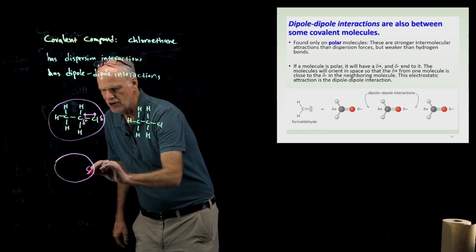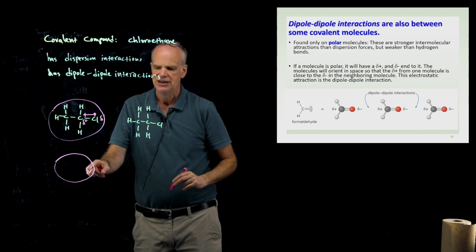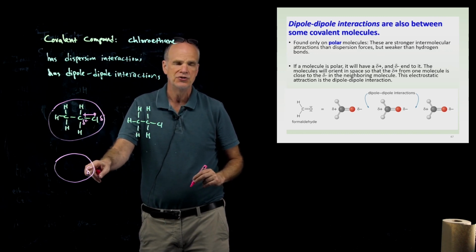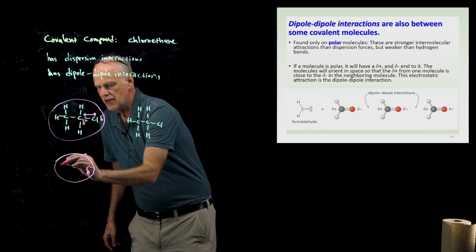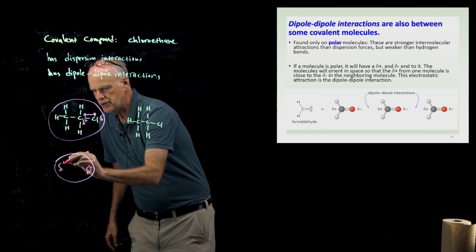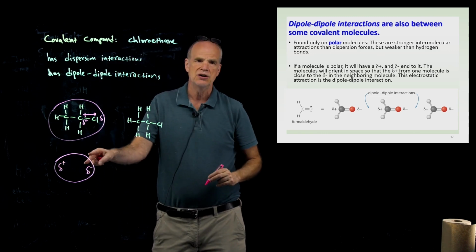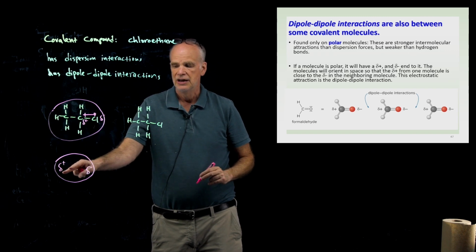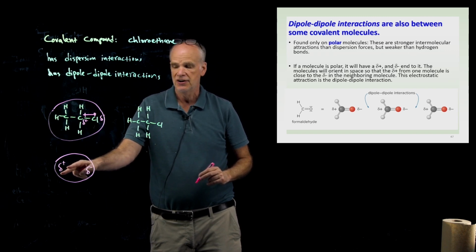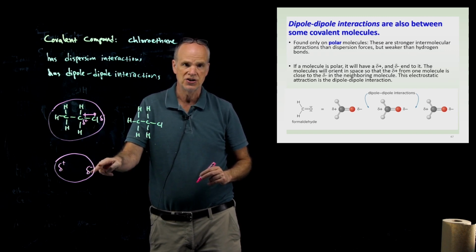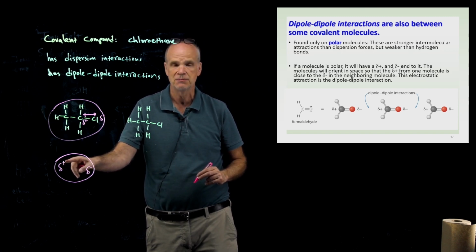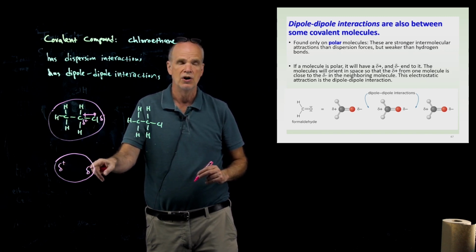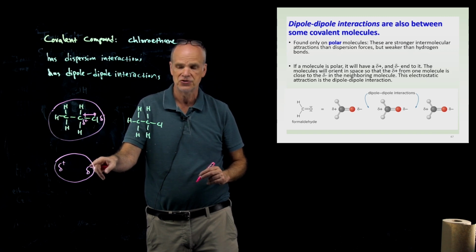So the chlorine part of the molecule is delta negative. And so relative to the chlorine side of the molecule, which is delta negative, the other side can be considered delta positive. And so this molecule has a difference of partial charge across it. So one end has a slight deficiency of partial charge and one end has a slight excess of partial charge.